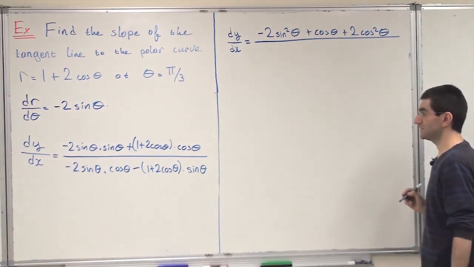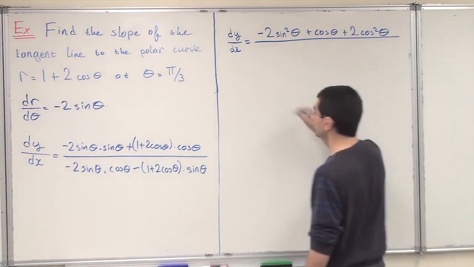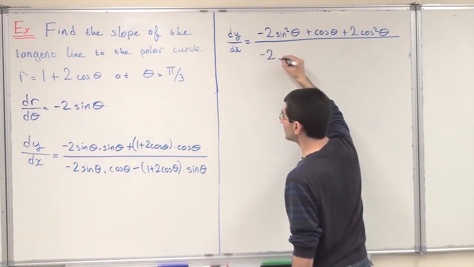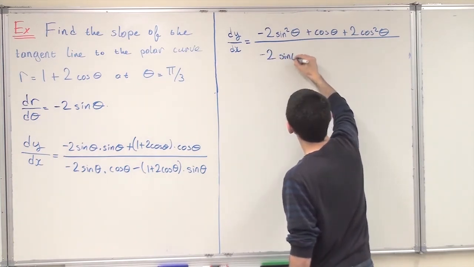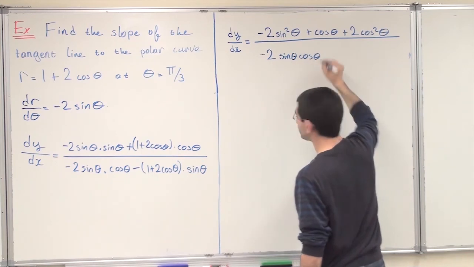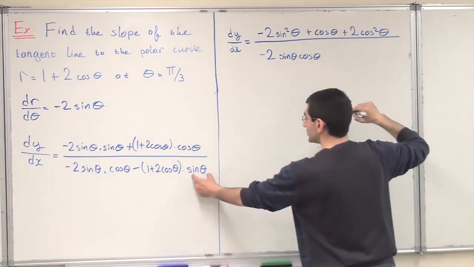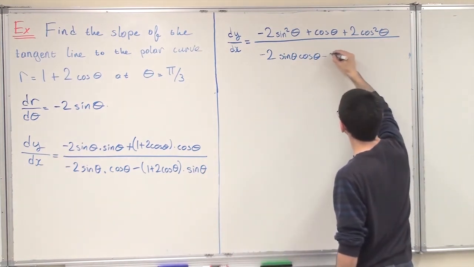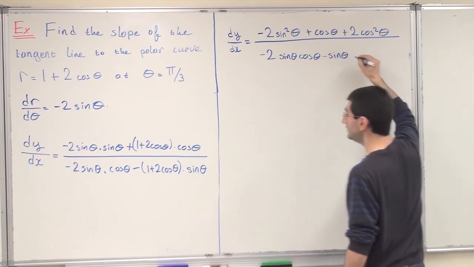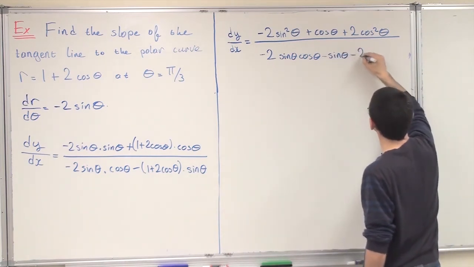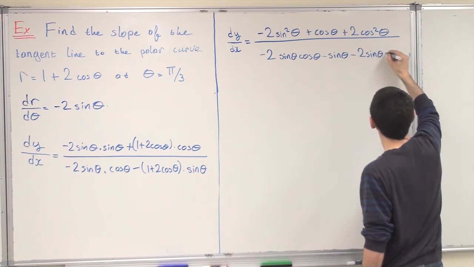This is our numerator. Now in the denominator, we have minus 2 sine cosine, and then distribute this sine over the parentheses, and you get minus sine theta minus 2 sine cosine.